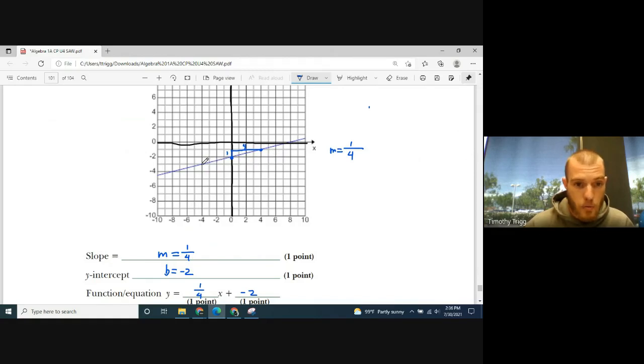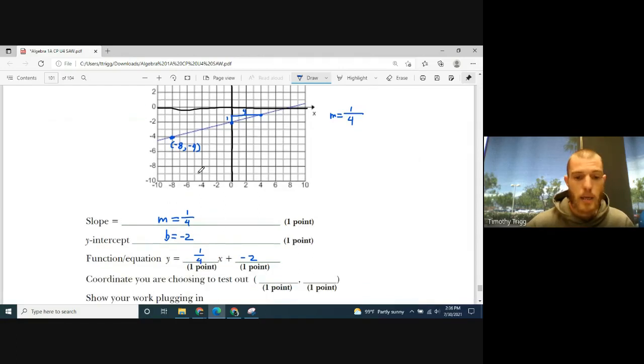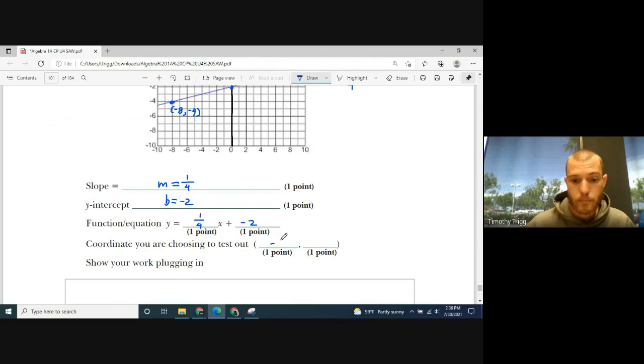How about this point right here? So this is the point -8, -4. -8 on the x, -4 on the y. And you could use any point on the line, right? You could use this one, which is -4, -3, but any point works. So the point I'm using is -8, -4.